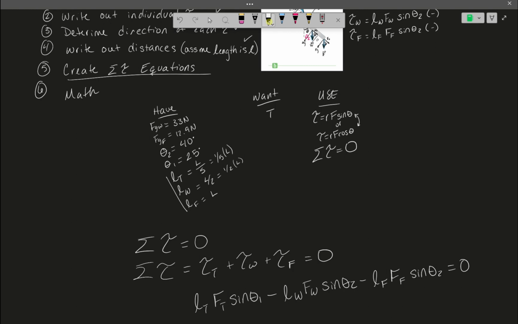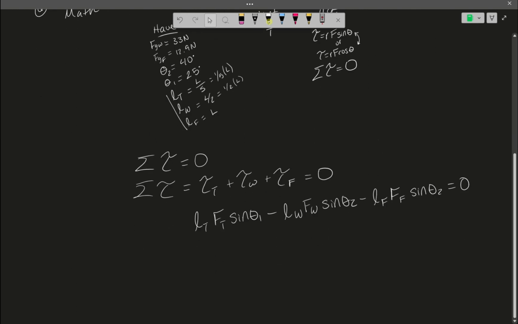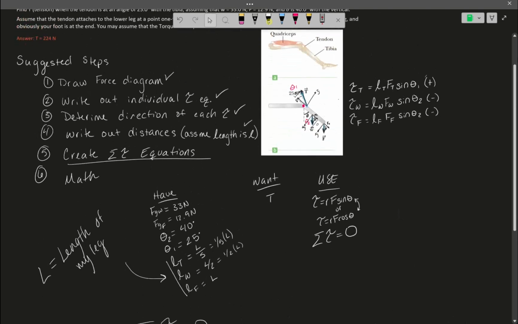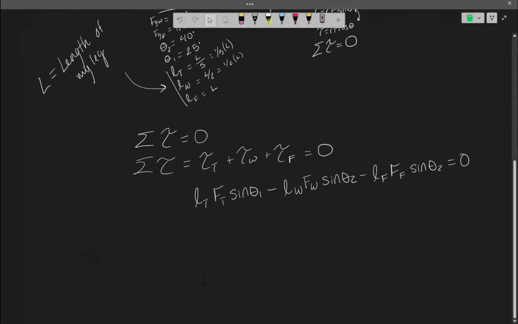The next thing that I want to do is replace all of these little L's, the distances, with the uppercase L that I have, where L represents the length of my leg. Well, I guess honestly just the length of my tibia.